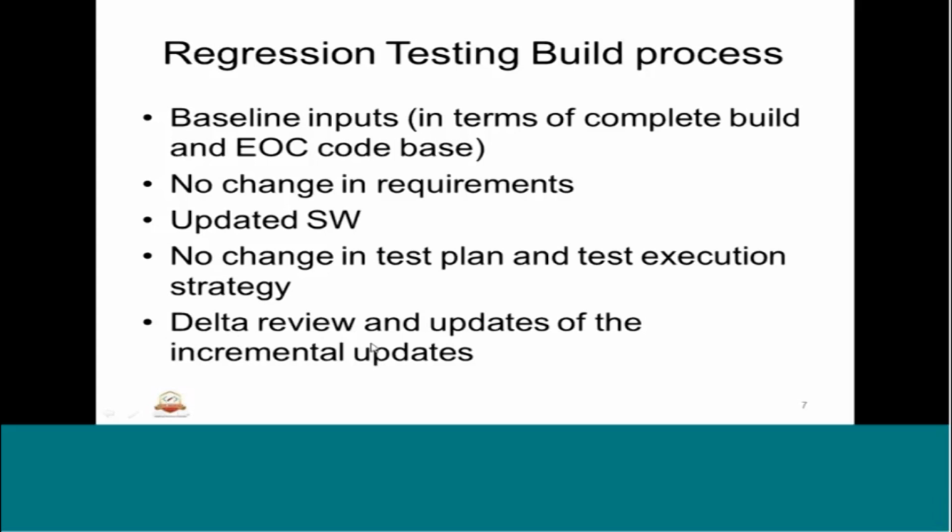Then the last part will be delta review and updates of the incremental updates. So we need to review what got changed, what is updated, and we are going to do a regression test accordingly. So these are some of the build processes we are going to have for the regression testing. So we start with the baseline input, and we are going to analyze the changes, and re-execute the software with this baseline input.